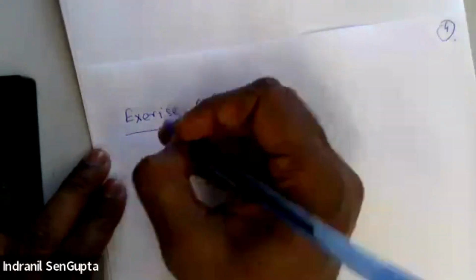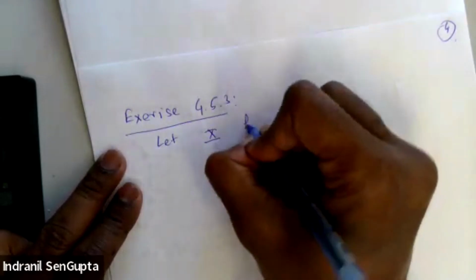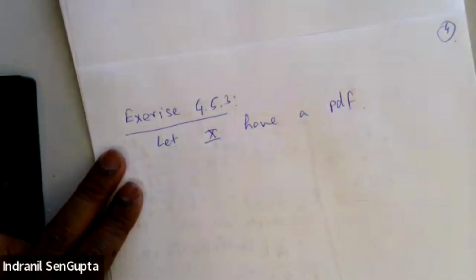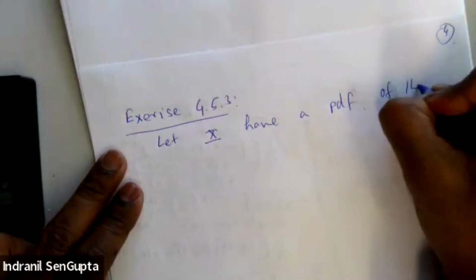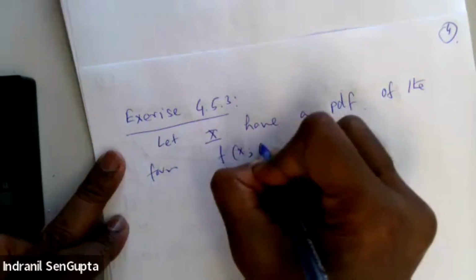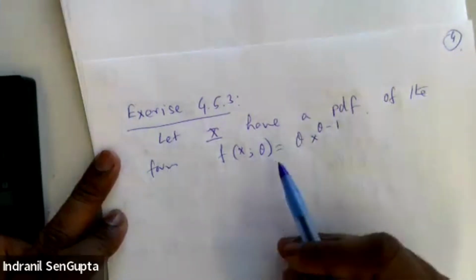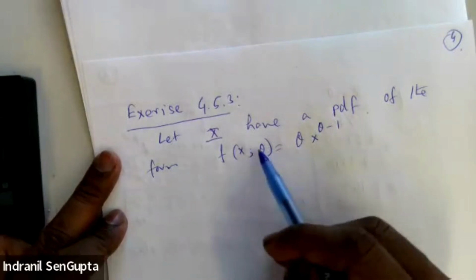It goes like this. Let X have a PDF of the form f of x, theta equals theta x to the theta minus 1. Remember, theta is a parameter, and we don't know what this theta is.